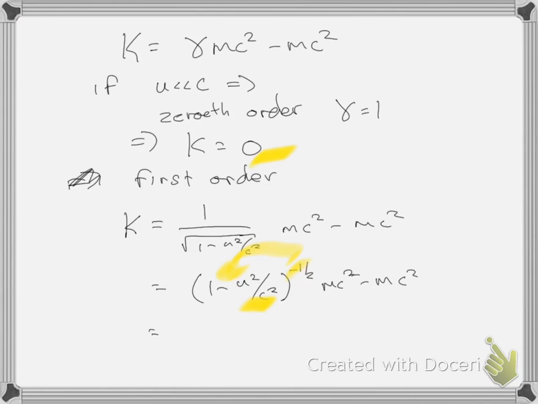The binomial expansion says that this is 1 minus 1/2 u squared over c squared, mc squared minus mc squared. Okay? So that's the binomial expansion, first order term. So we've got 1 plus 1/2 u squared over c squared, mc squared minus mc squared. Let's rewrite that on a new page. So we've got k equals 1 plus 1/2 u squared over c squared, mc squared minus mc squared.